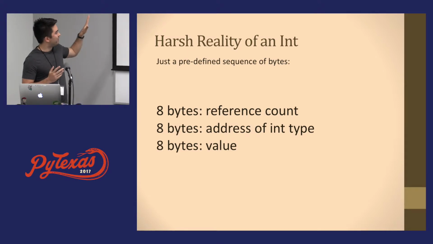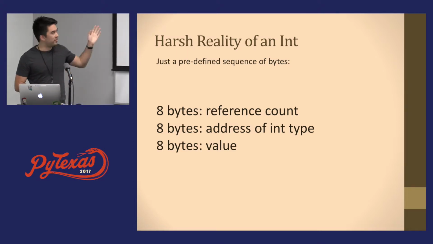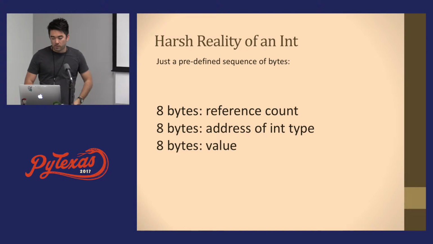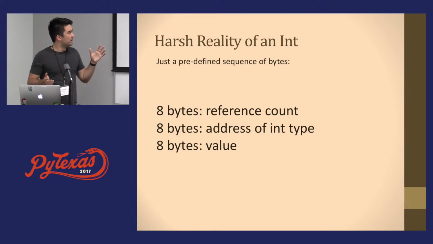So we have the insides of an integer up right now. It turns out it's just 3 numbers glued together. In C, that's a struct. 3 C longs. So this is nice because the perception is that Python internals are really complicated.